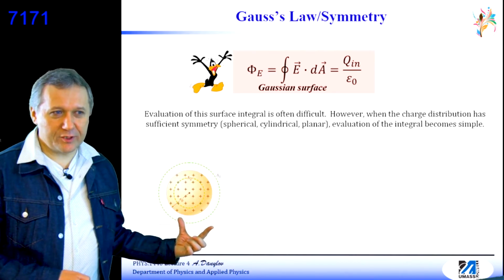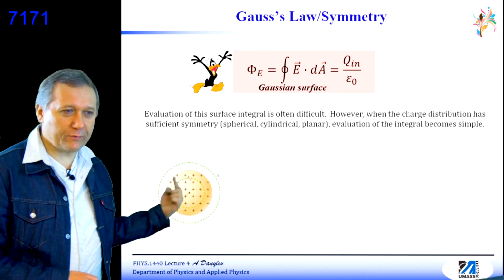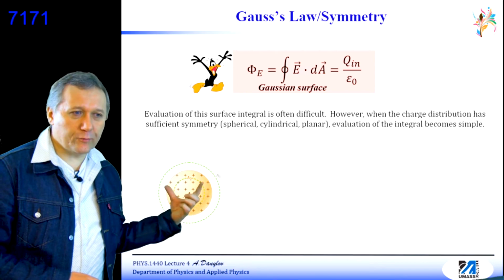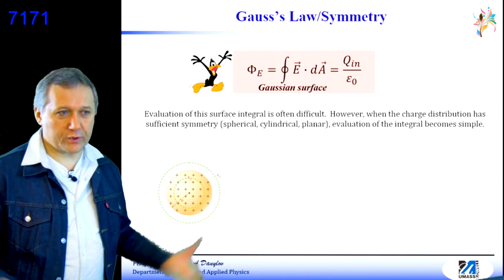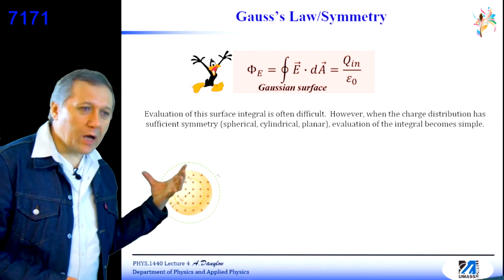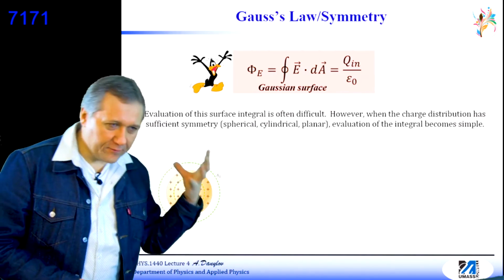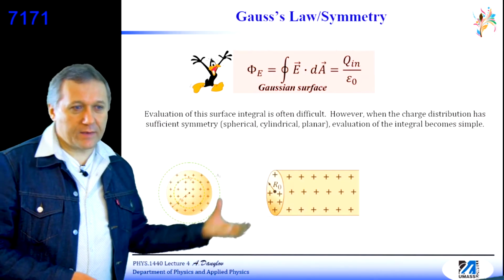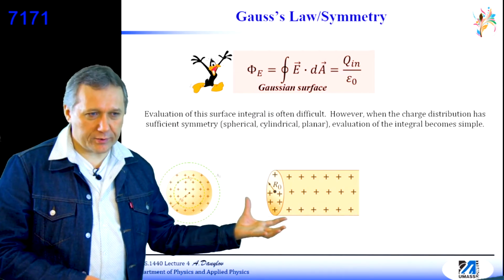Spherical distribution of charges, that's what we're going to do now. So if you have, for example, a sphere uniformly charged, or uniformly filled with charges, right? So application of Gauss's law for this case is very, very easy. Then cylindrical symmetry. We're going to look at this symmetry in our recitation classes.